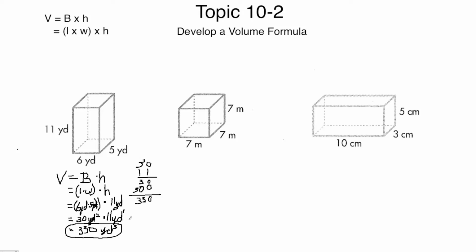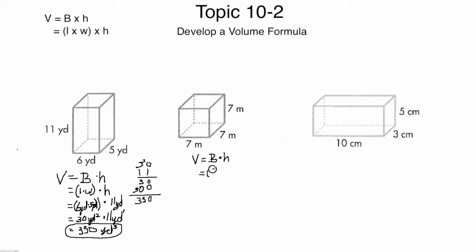Okay, now I'm going to have you push stop, and I want you to try this one. Okay, now this is a cube, so we still write the universal formula.